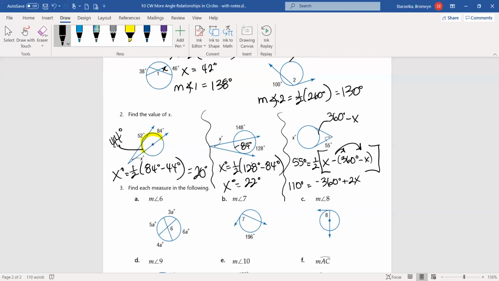Add 360 to both sides. I'm going to get 470, divide by 2. I'm going to get x equals 235 degrees.